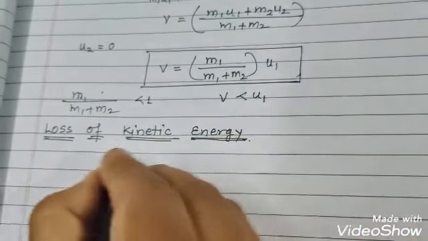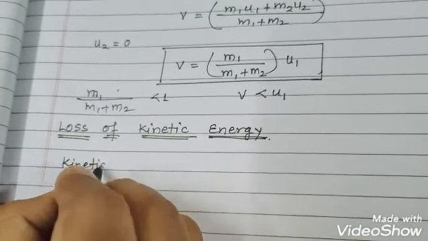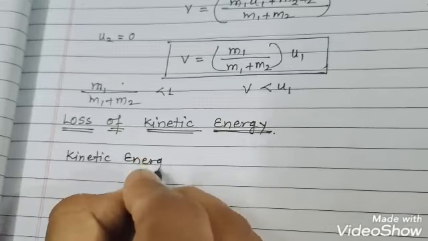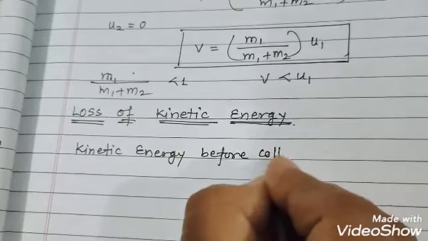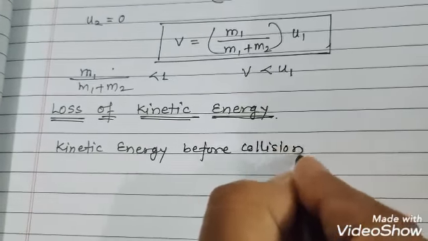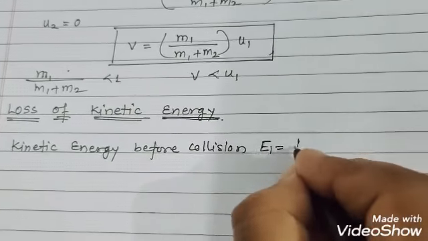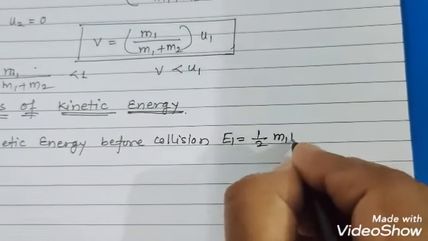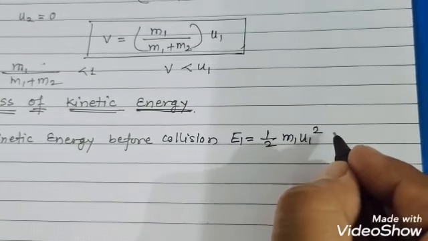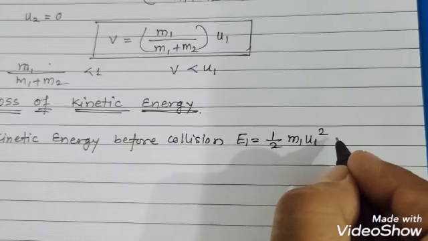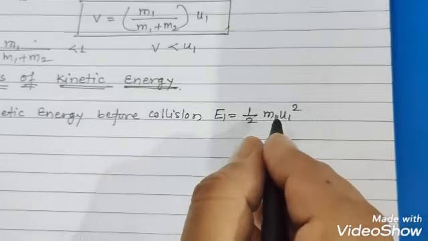So first of all, the kinetic energy before collision, that is E1, is half m1 u1 square, and since u2 is 0, the second term will be 0, only half m1 u1 square will be there.